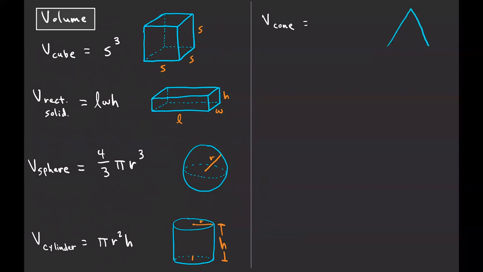Let's draw the top first. So we've got that right there, and we can still see we have a height h and we have a radius r right there.